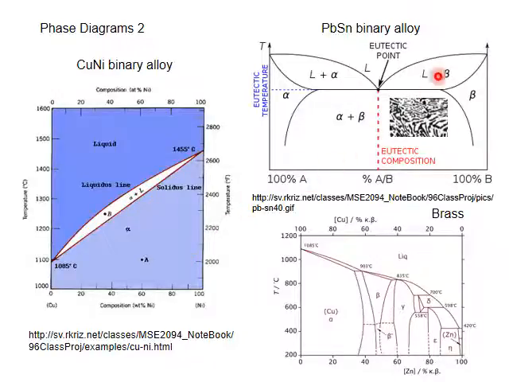Now, most binary alloys are much more complicated than this. So classic case is that of lead and tin. So this is what make up ordinary electrical solder. And these do not form a simple mixture in the solid phase. So in this case, we have temperature on this axis. This might be percentage of tin in lead.